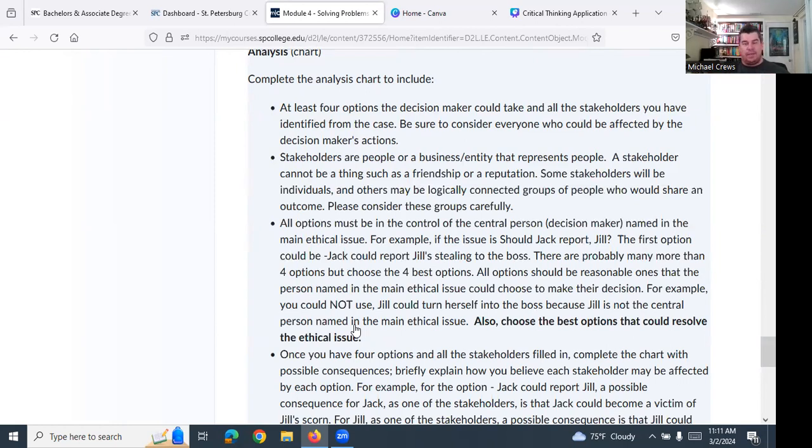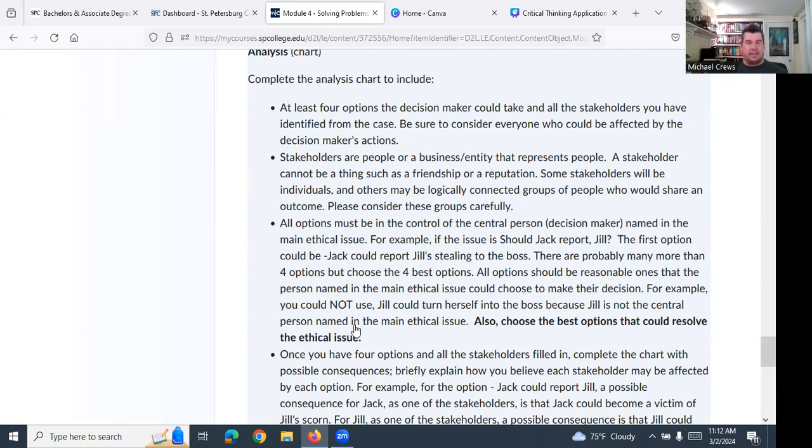It can't be somebody else's action, because it's what are 4 separate things that this person can do. And I understand it's going to be a little bit difficult because you'll find the first 2, maybe 3 easily, and then you're trying to think of that 4th option. But the idea is to really think this thing fully through and see what all could be done to address this issue. Does that make sense?